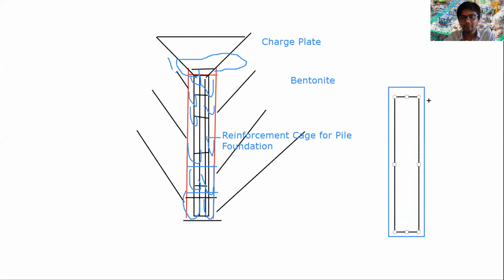This is the reinforcement cage, and we have one particular charge plate inserted along with the pipe. This pipe is first inserted to the bottom, and then slowly moved upwards like this.